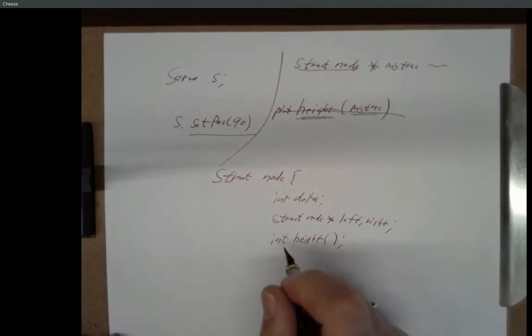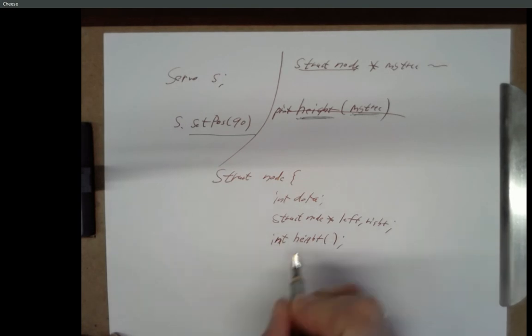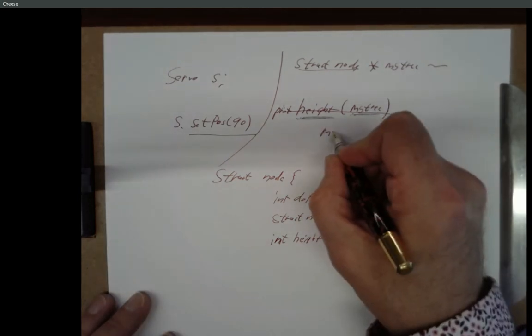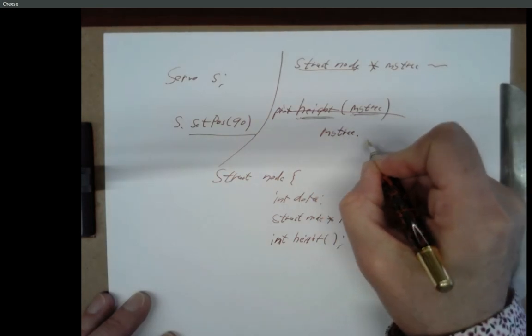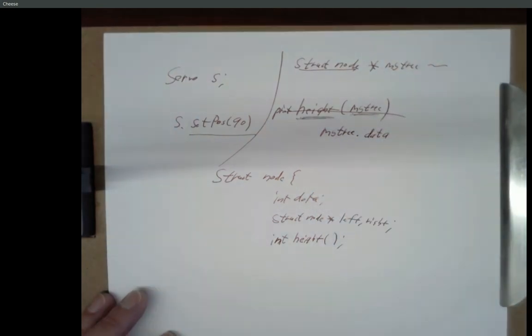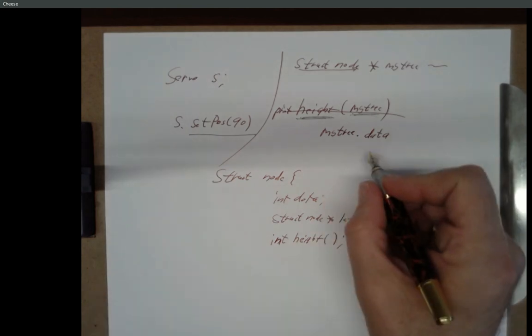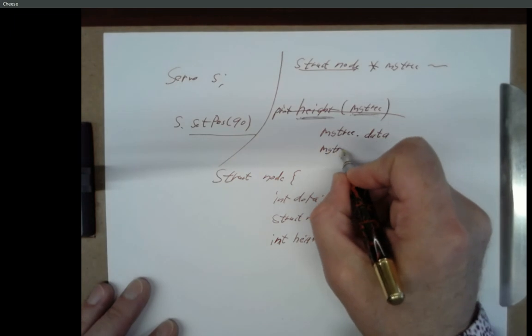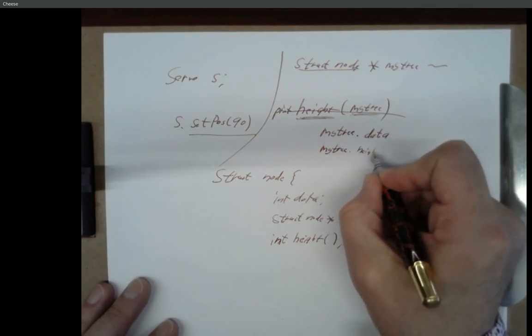So same thing with height. Let's make height a piece of the structure. And now when I want to find the data of the tree, and I'm switching to pseudocode here, so I'm just going to use a dot instead of an arrow, I can say mytree.data to see the root value. I can also say mytree.height.